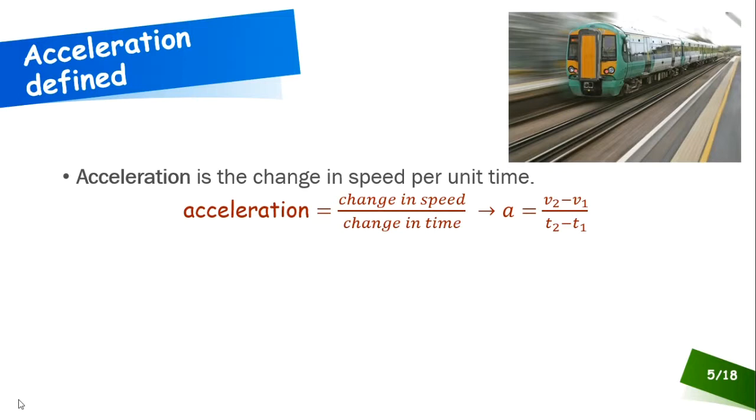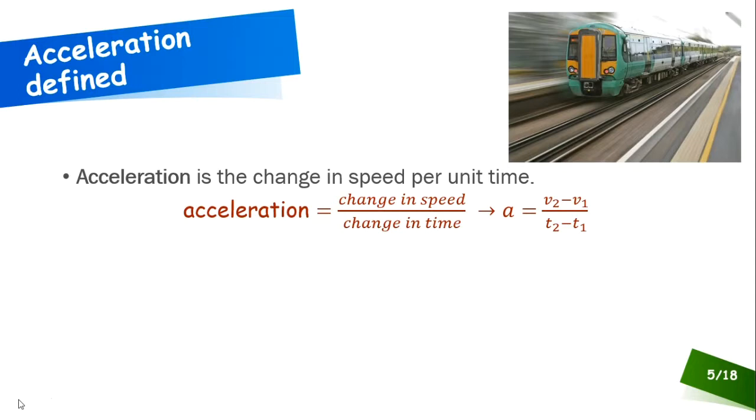Notice the subscripts on our variables here. V, of course, for velocity or speed. T, of course, is time. But there's a 2 and there's a 1. So what are these numbers representing? Well, representing the velocity or the speed and the time at positions 1 and 2 of our body that's in motion.